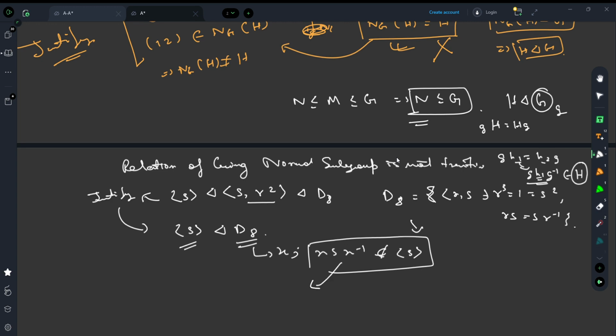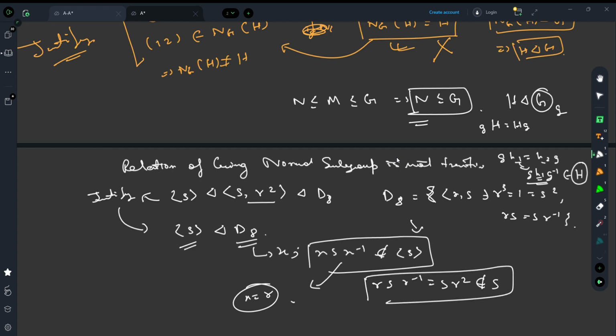Observe that this condition fails for X equal to R, because RSR inverse is, I guess, SR squared, but this cannot be in the subgroup generated by S, right? I guess it's clear. Therefore, this is not happening. So normal subgroups do not obey the transitive property.